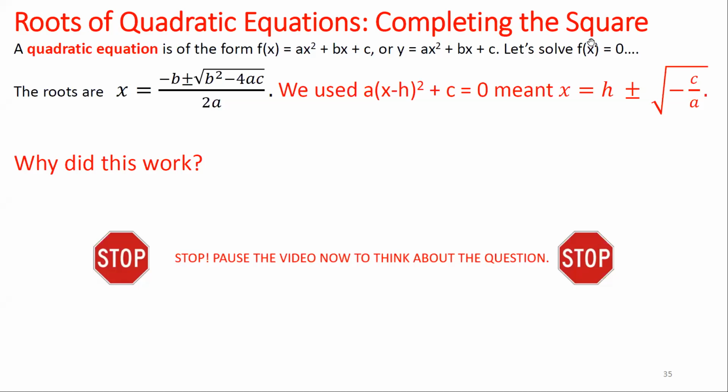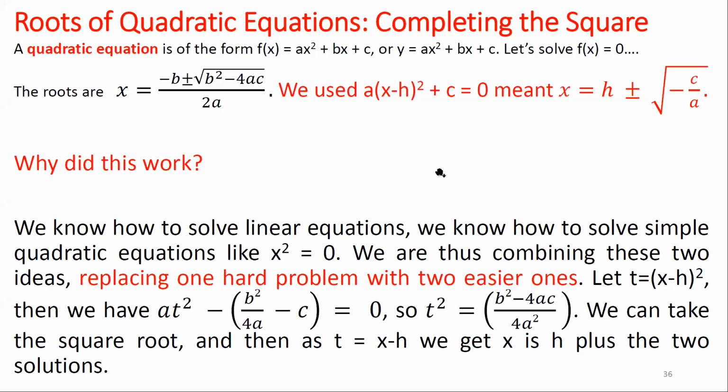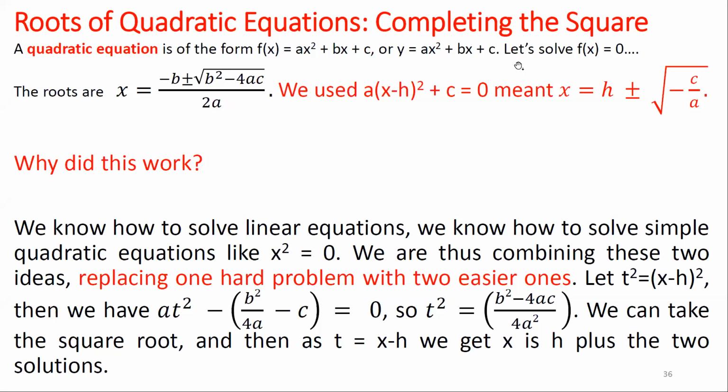All right, we're back. And the reason it worked is we know how to solve simple equations. So this is the high-level approach as to why we were able to get such a beautiful formula. We know how to solve simple equations like x squared equals 0. So what we did is when we wrote it like this, if you let t be x minus h, so we have t squared is x minus h squared.